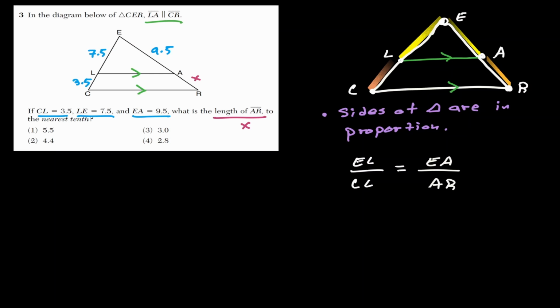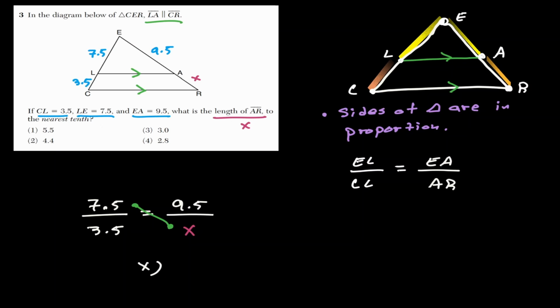Now, let's plug in the information that we have. EL, we have as 7.5. CL, we have as 3.5. EA, we have as 9.5. And AR is the unknown, so let me call that X. Now that we have this proportion, let's solve for X. We can perform cross multiplication here.